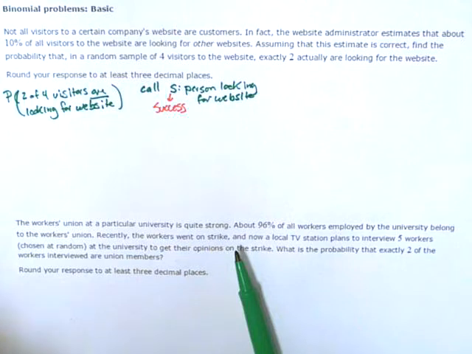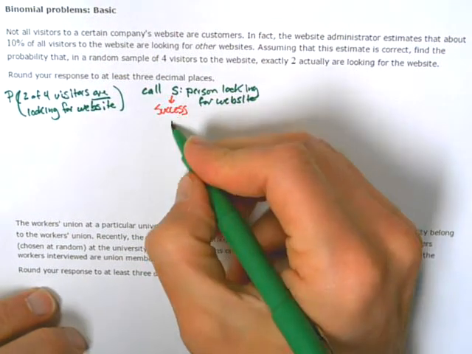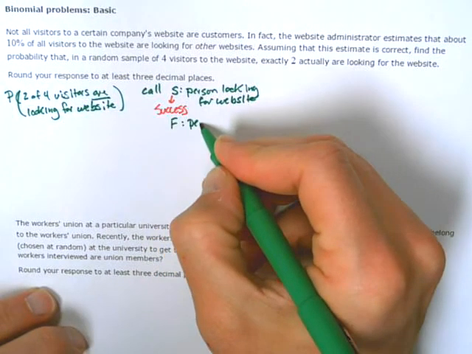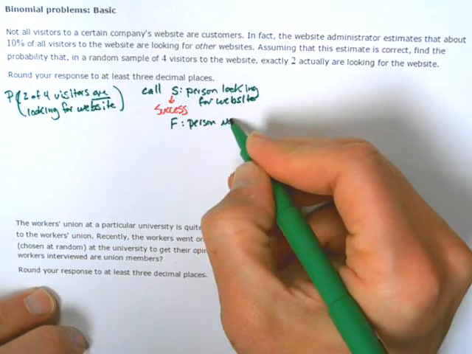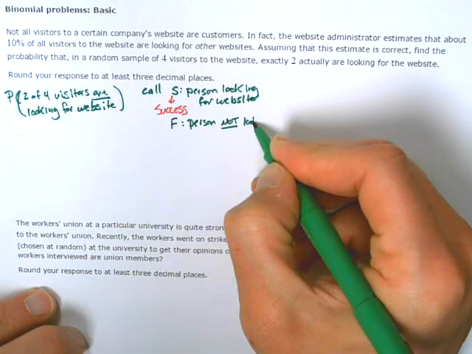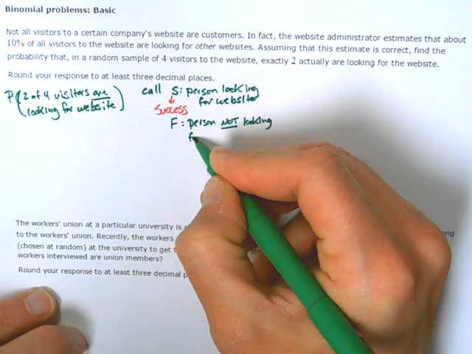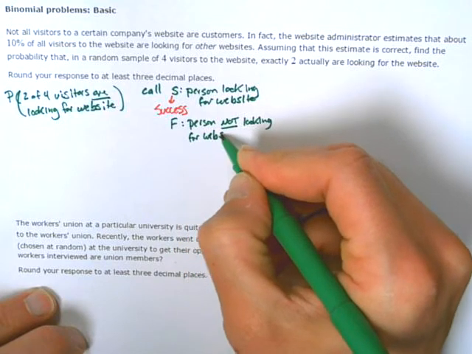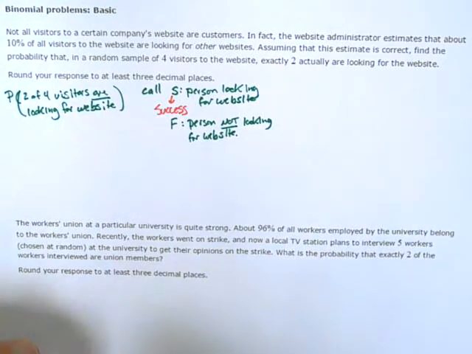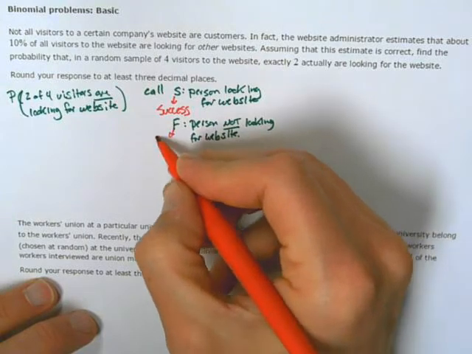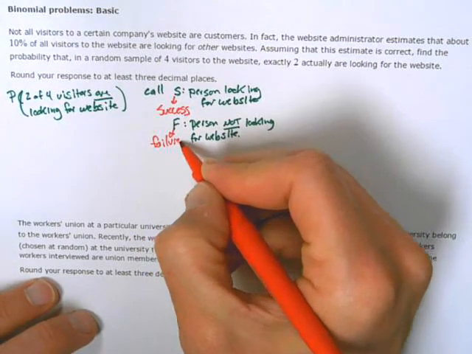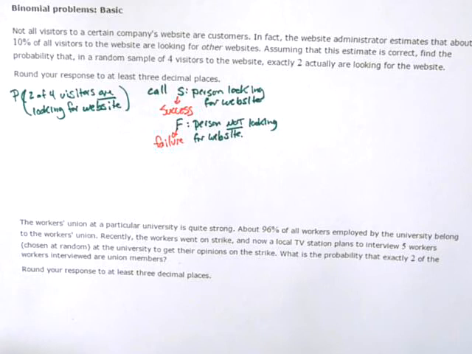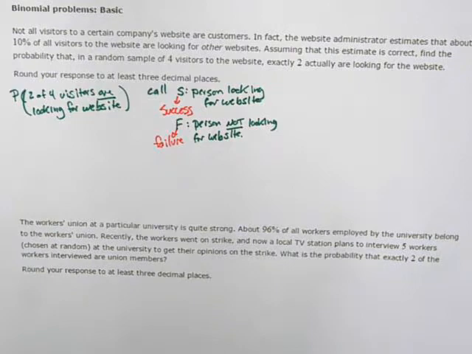Okay, and let's let F be a person not looking for that website. And the F is for failure. So if we pick one of those people and they're not looking for the website, that would be considered a failure outcome.